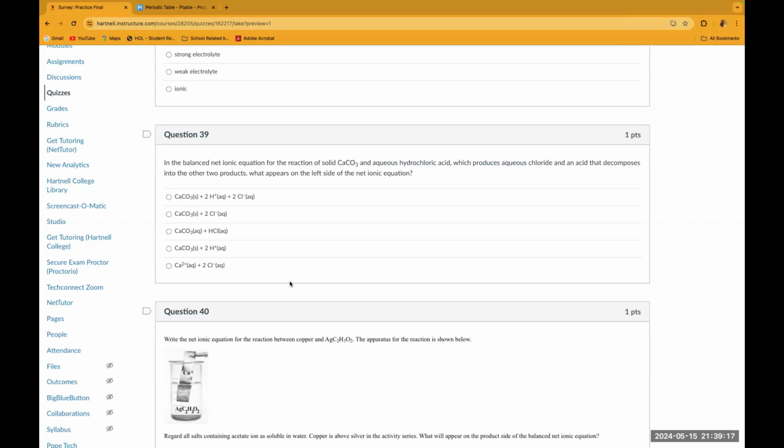Well, one of our reactants is CaCO3 solid, so that's going to be on the left side. So we can get rid of this one and this one. So we have three choices now.